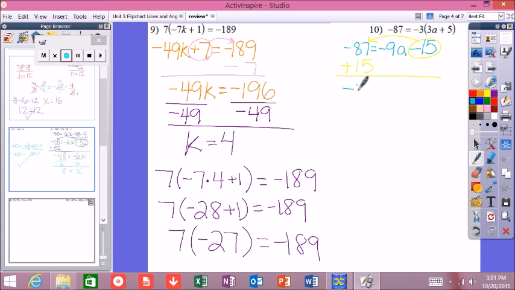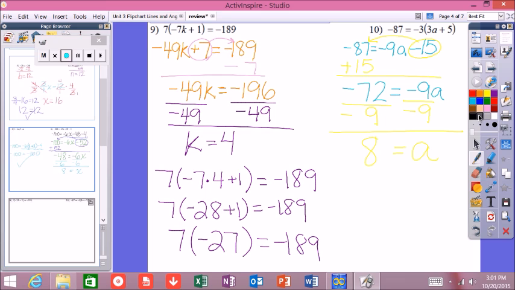Negative 87 plus 15 is negative 72. Negative 72 equals negative 9a. So our final step is to divide both sides by negative 9. A equals 8.